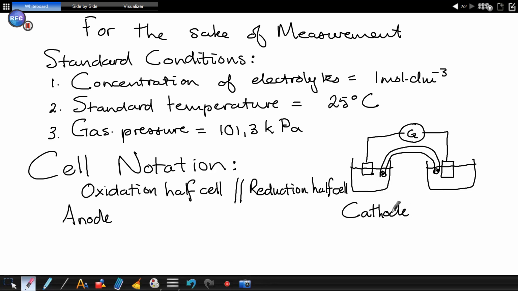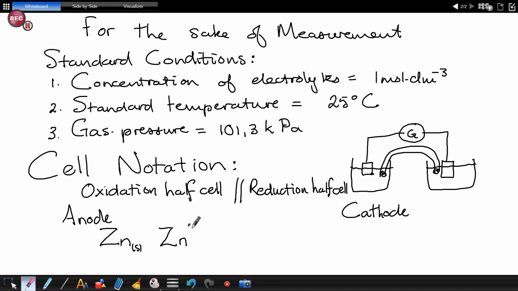So what is the anode in the cell? It is zinc. Now zinc is a solid. And it's touching the zinc sulfate, but the sulfate is not part of the reaction, so I'll leave it out.